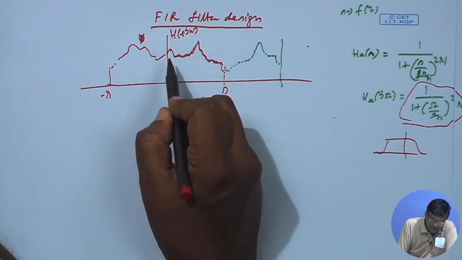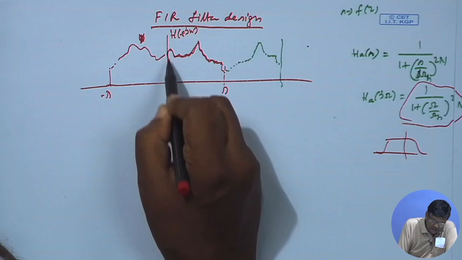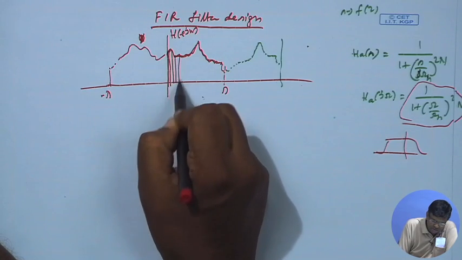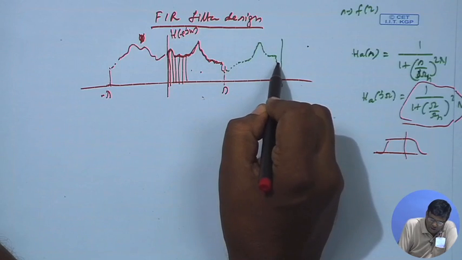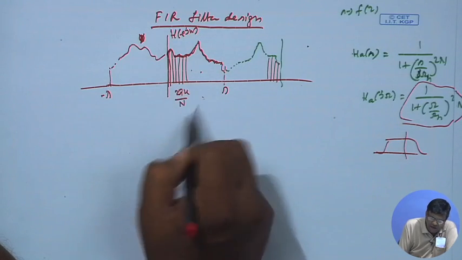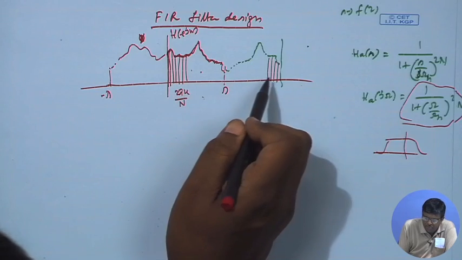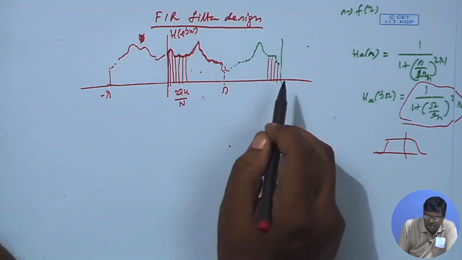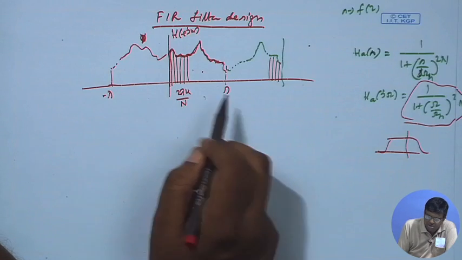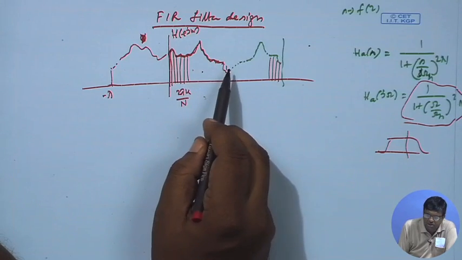In the FIR case, suppose I take this, I sample them very close to each other. So, those will be my DFT. Sampling period is 2 pi k by N, I take N to be very large, use them. N number of coefficients, N very large, 2 pi by N is very small. So, they are almost adjacent side by side.